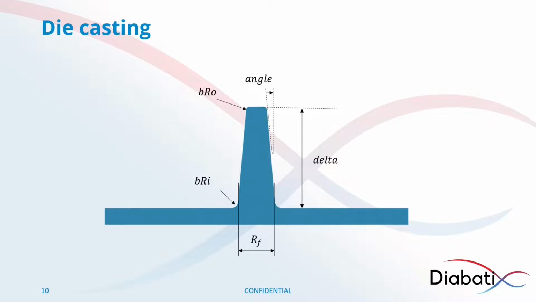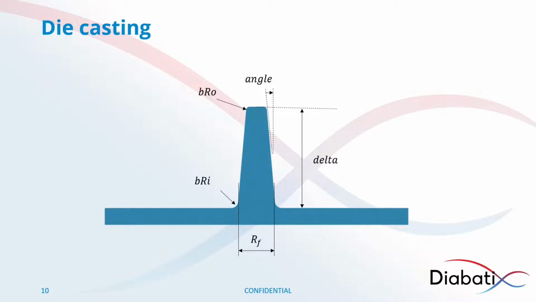The next thing to include would be the bending radii. What you see over here is the inner bending radii, which is at this point, and over here is the outer bending radii for each of your fins or channels.